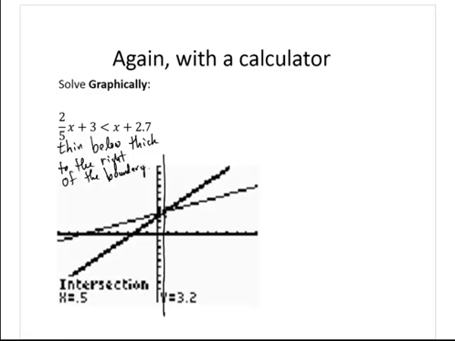Alright, to the right of the boundary, so that's to the right of 0.5, so therefore the solution is x is greater than 0.5. So notice that even though the inequality started as a less than, by reading the graph correctly, we decide that the solution is to the right of the boundary, and so therefore we would write a greater than inequality.